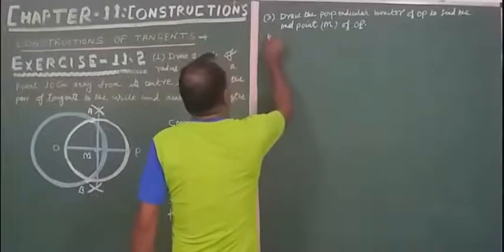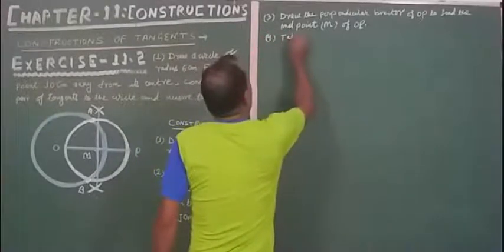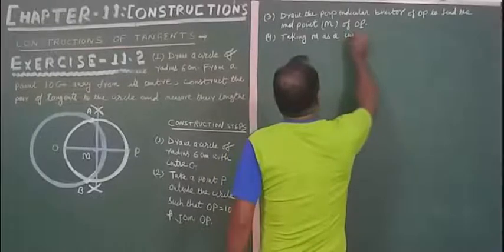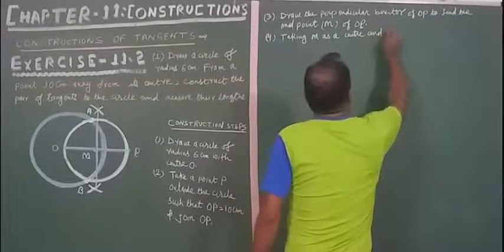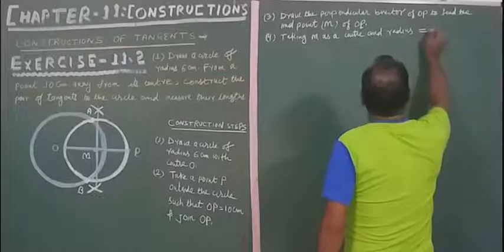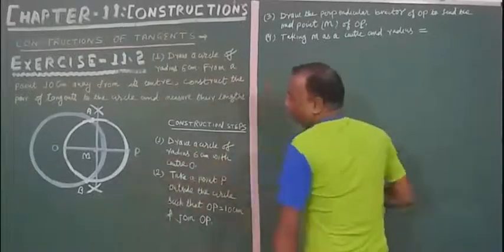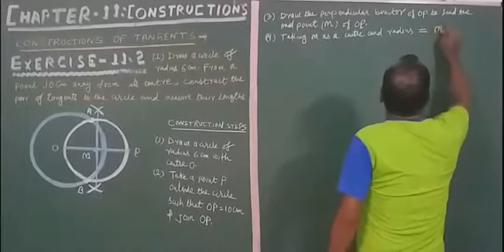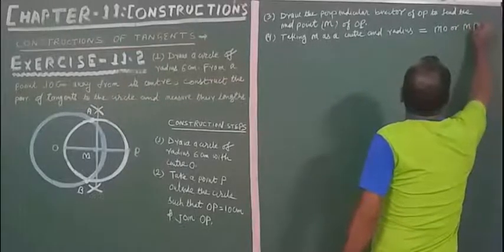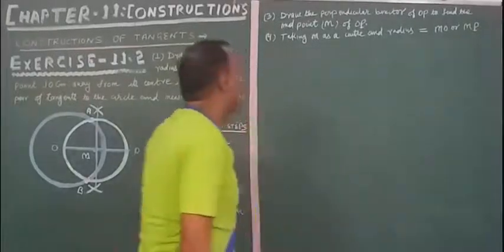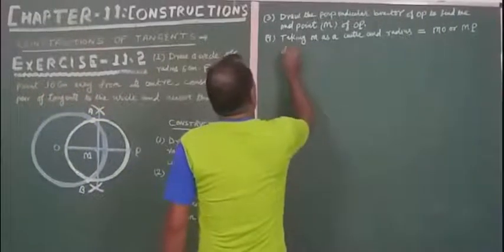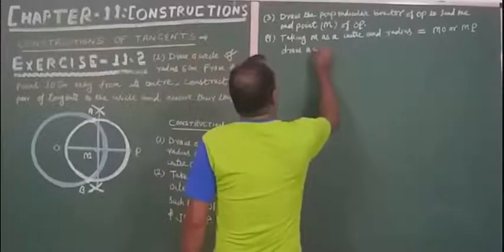Step number 4. Taking M as a center and radius MO or MP, draw a circle.